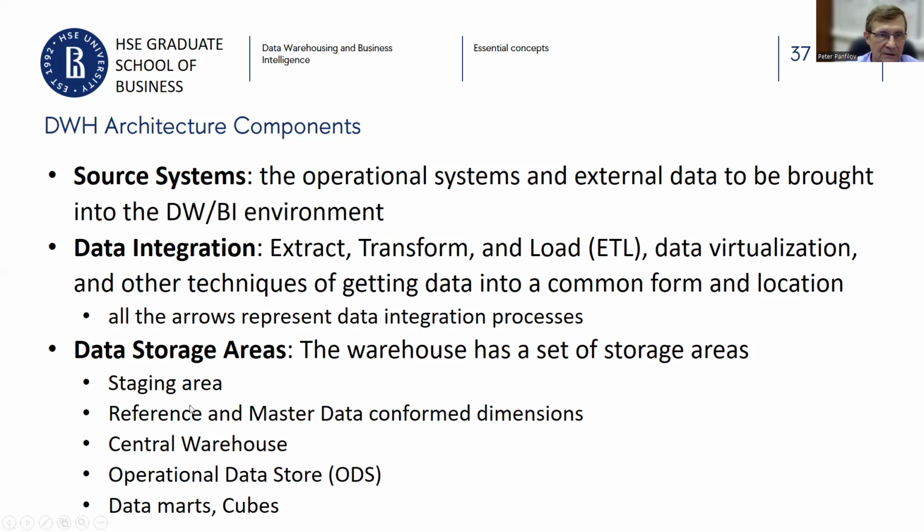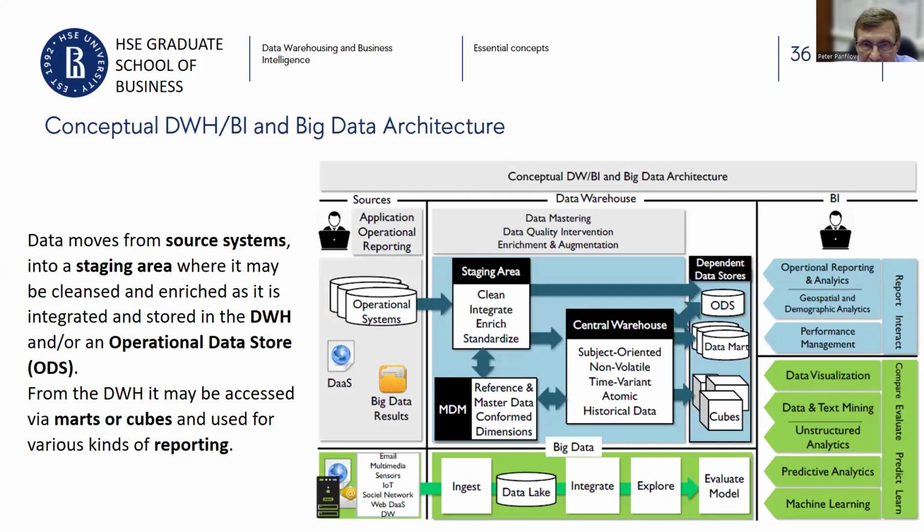Then another storage area, reference and master data, the conformed dimensions. So dimensional tables describing facts, you remember. And here we're talking about reference and master data. Remember, single source of truth, golden records. And here we have MDM, master data management, and the reference master data, conformed dimensions, a special storage.